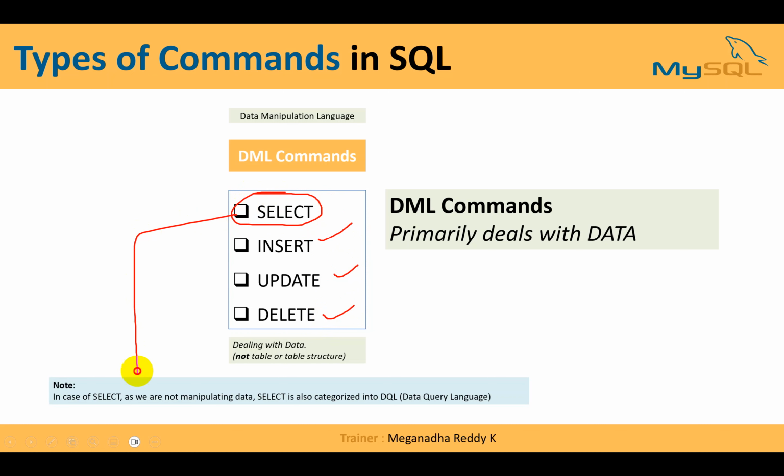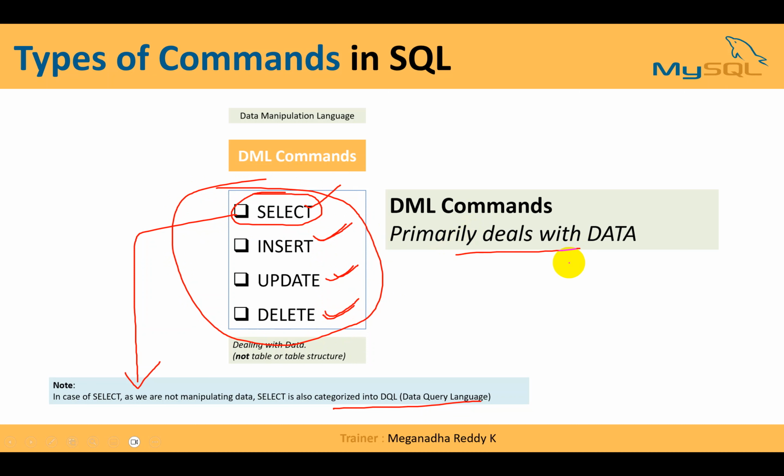So that's why sometimes select is referred to as data query language. But as a category, all these four commands belong to data manipulation language: selecting data, inserting data, updating data, deleting data. So you're working with the data. So DML deals with data manipulation.